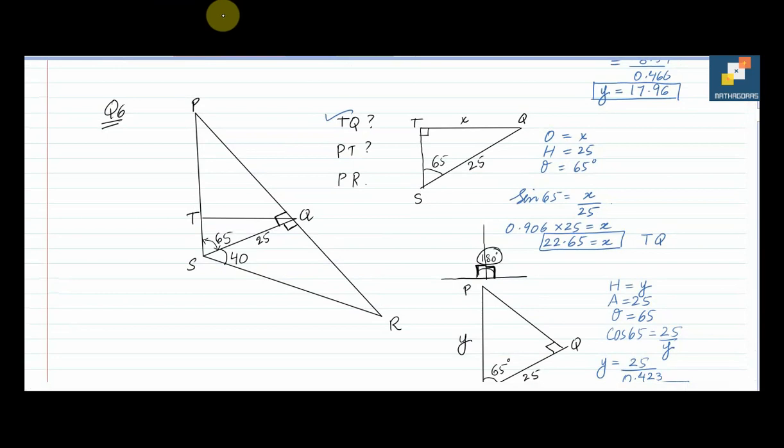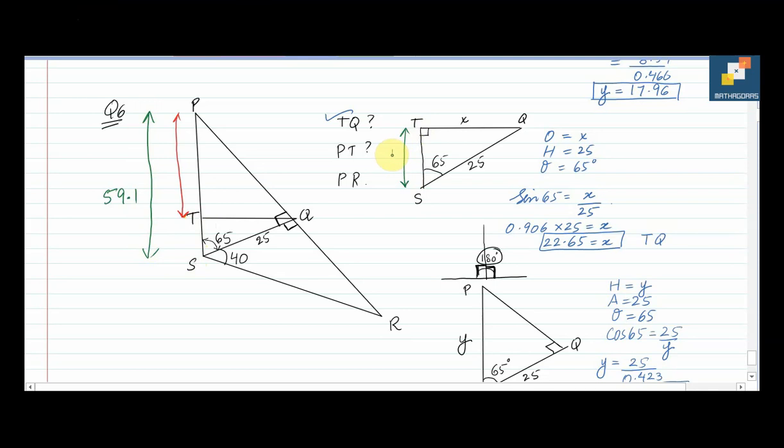In your diagram, I'm mentioning here that from the P till S, this value is 59.1. We are looking for the value of P till T, right? I have the whole value. What I'm going to find next is the value of TS, and TS can be easily found out by this triangle.